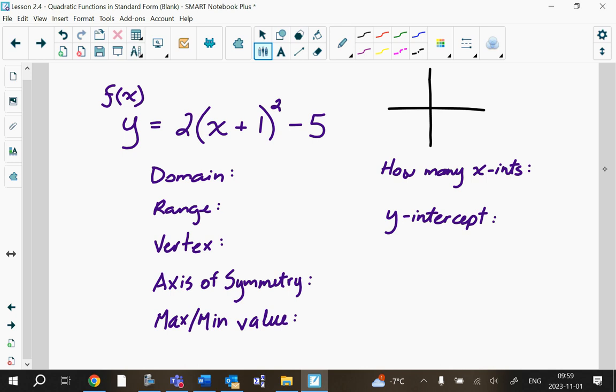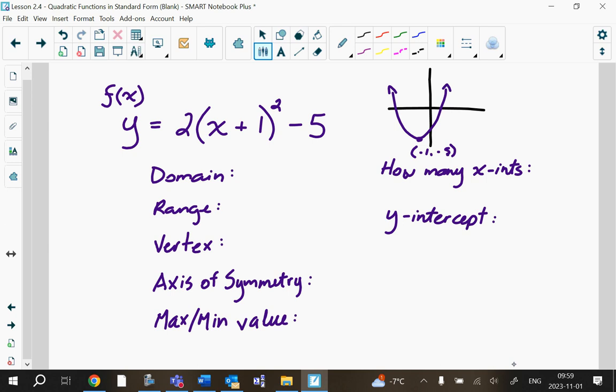So 1 left, 5 down. You may want to just write the coordinate of that point: -1, -5. The other big thing I need to know is whether it opens up or down. Why up? Because it's positive at the front, so it opens up. So it's going to look like this.